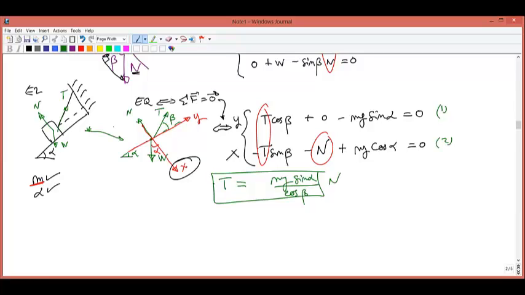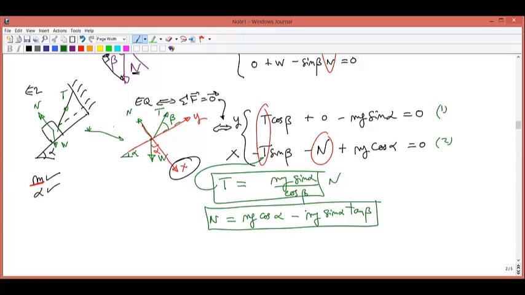And then as I substitute this in the second equation and solve for N, I'm going to have N equal to mg cosine alpha minus T, which is mg sin alpha divided by cosine beta, but times sine beta again, so that's just tangent beta. And you can even factor mg.